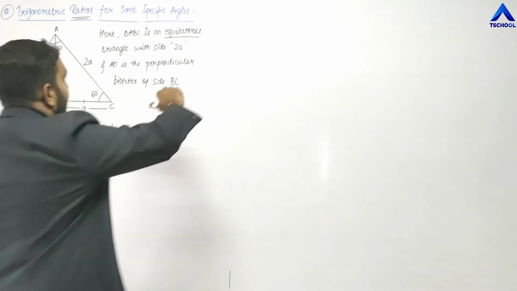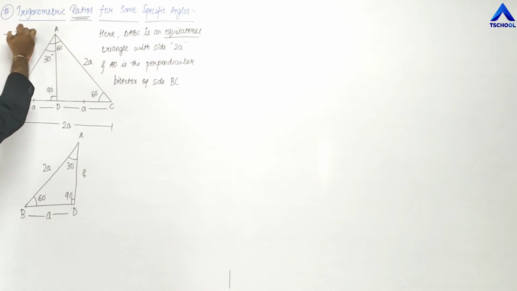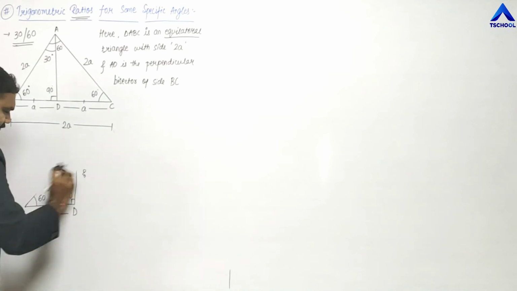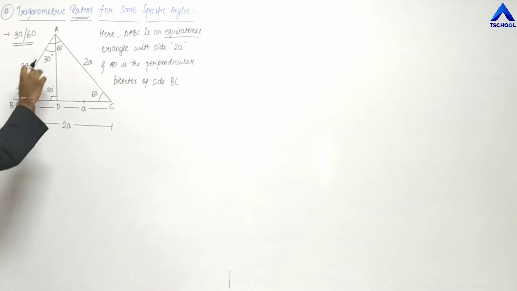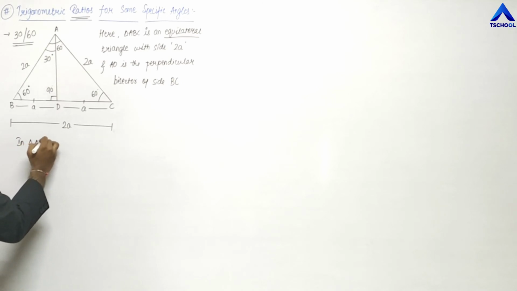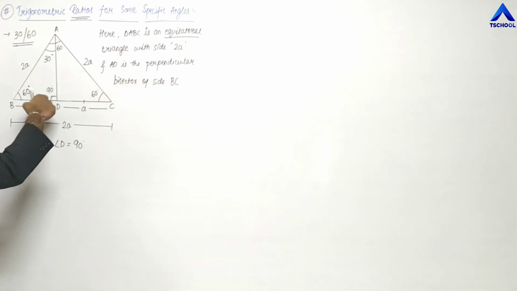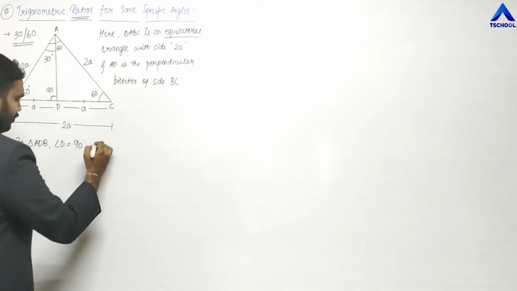Friends, I forgot to write down here what we were talking about. Here we were talking about the angles 30 and 60, for the specific angles 30, 60. So we got this triangle here, right? Now let us derive this. We will take this triangle out of here. Okay, so in triangle ADB, angle D is equal to 90, as we all know.